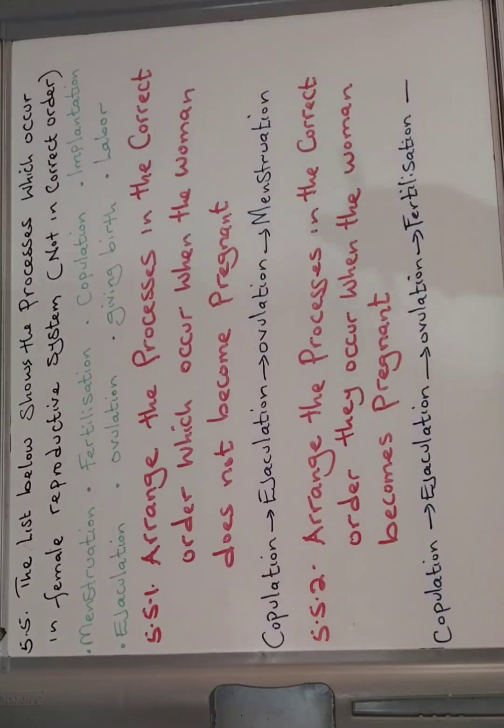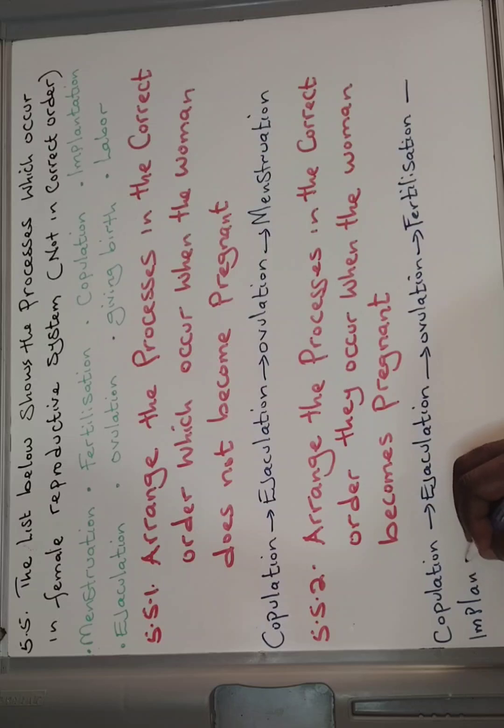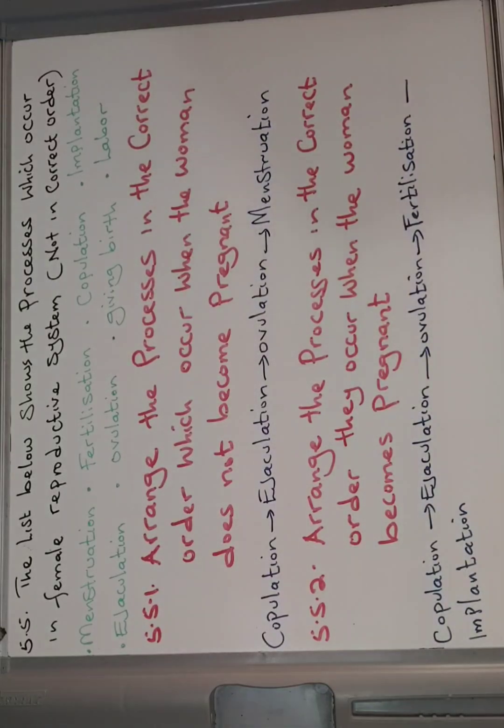The next step is that the fertilized egg is implanted. So the next step is implantation. That's when the fertilized egg becomes attached to the uterus. After fertilization and implantation, the baby stays there for a period of time.